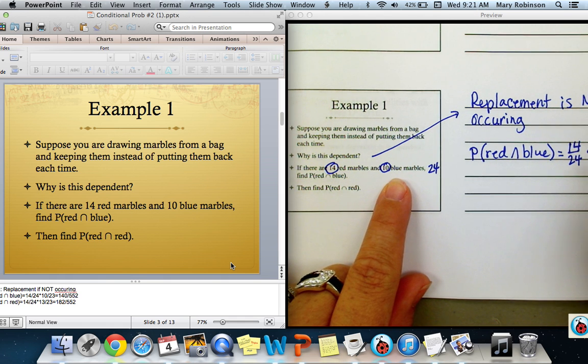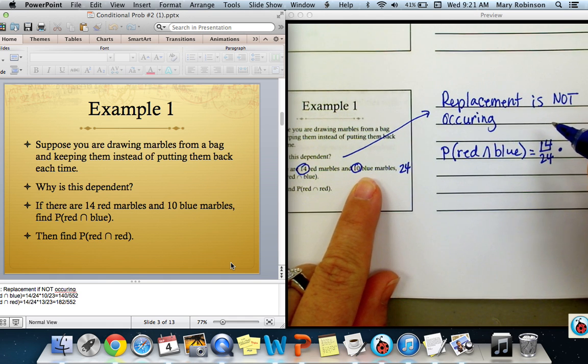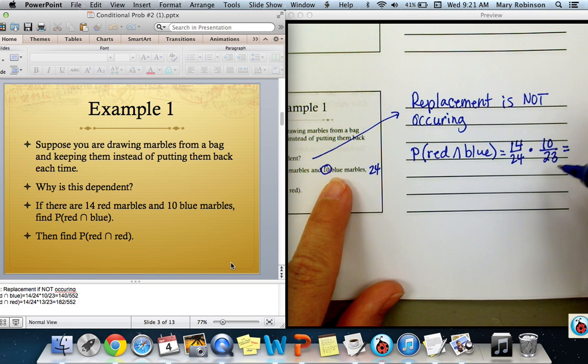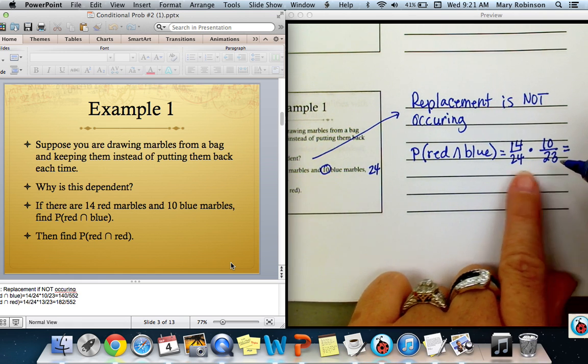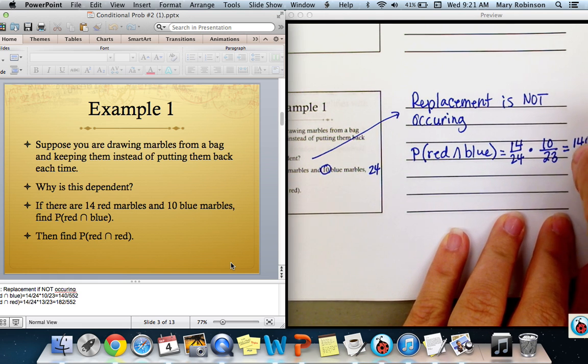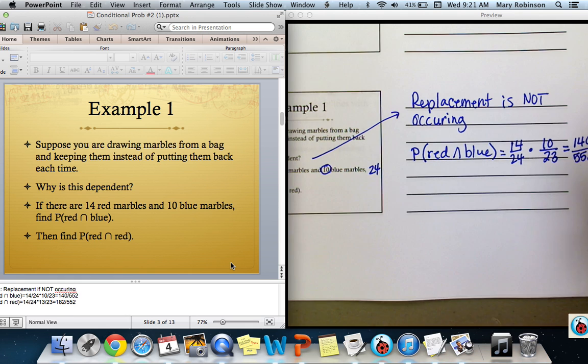But recall that replacement is not occurring. Since replacement is not occurring, we no longer have 24 marbles in the bag. There are only 23. However, there are still 10 blue marbles. So notice how that's going to be different. For our second probability, it's going to be reduced by 1 because one marble was taken out. When we multiply that together, we get 140 over 552.